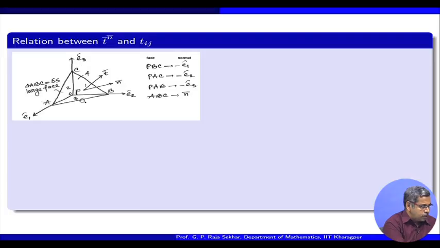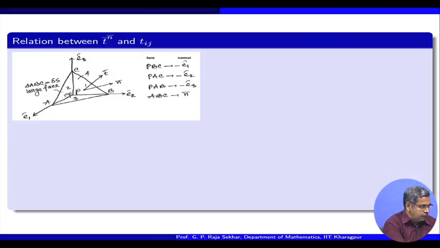Now let us consider the face PAC. The normal is E2 direction, so the normal to PAC is minus E2.